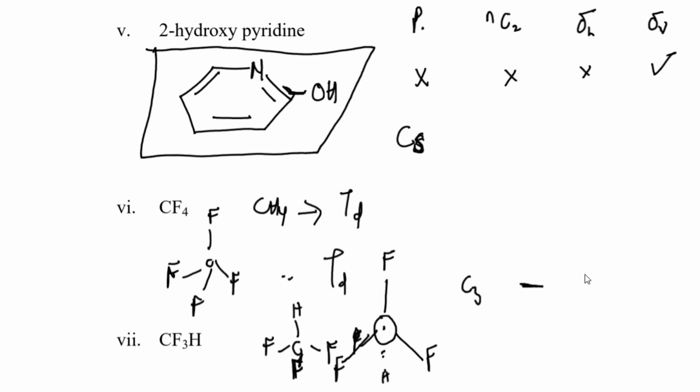Let's look for the sigma H. The sigma H is absent also. We have sigma H to be absent and sigma V to be present, right? You can just try to know this one. It's unfamiliar, but you can just try to know that it is C3V. Know it.